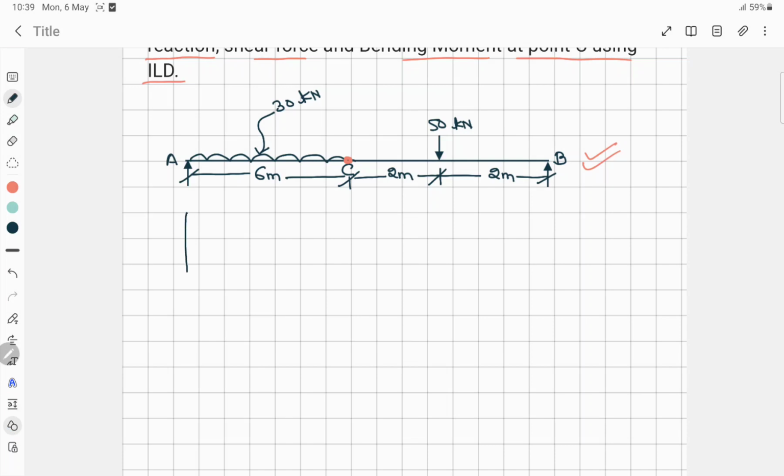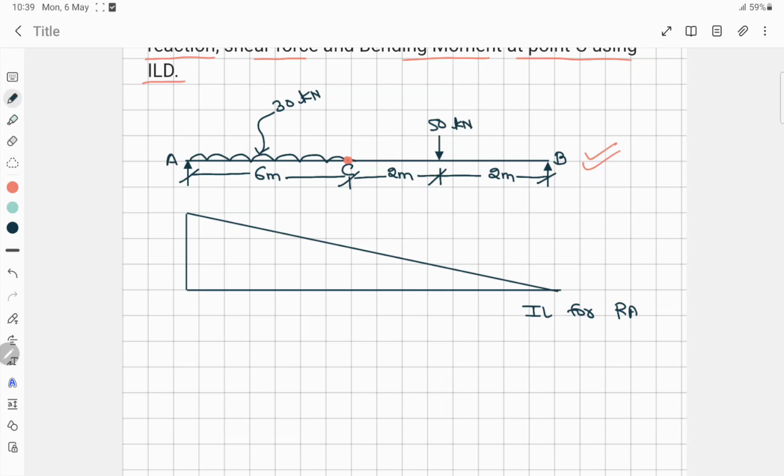So here, this is the influence line IL for RA.